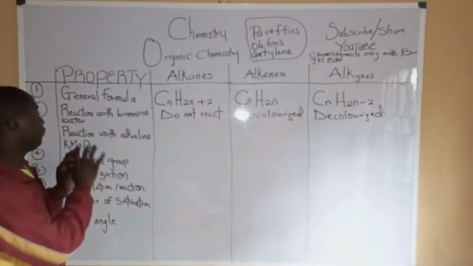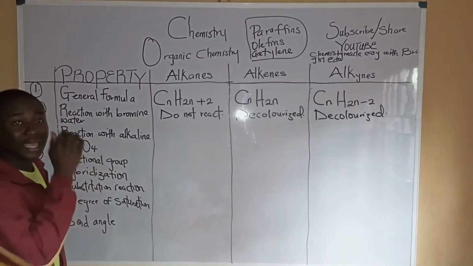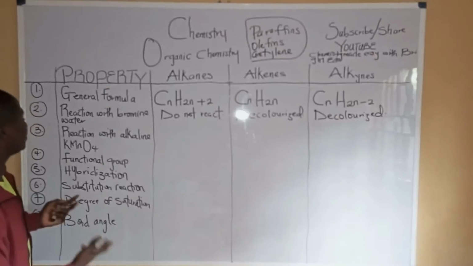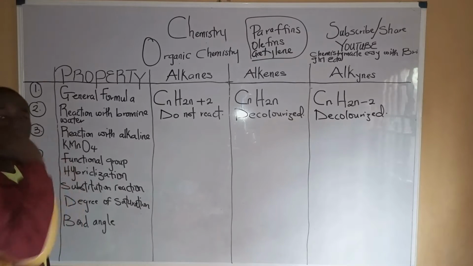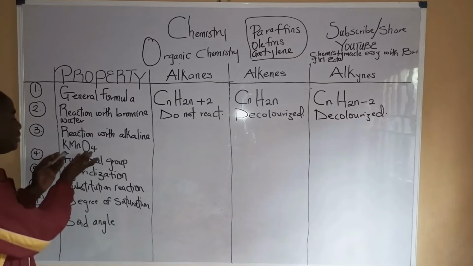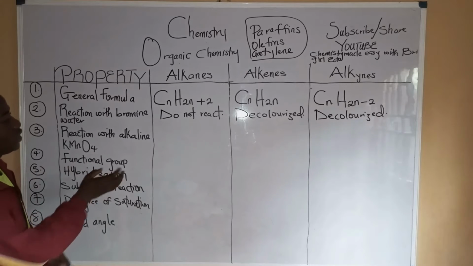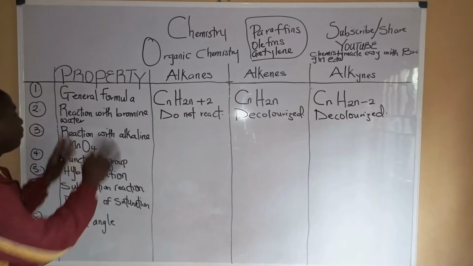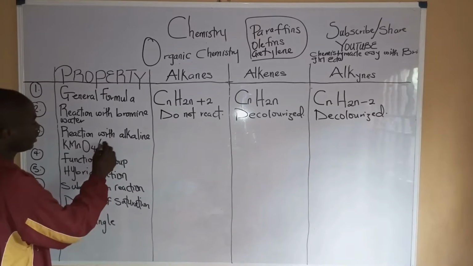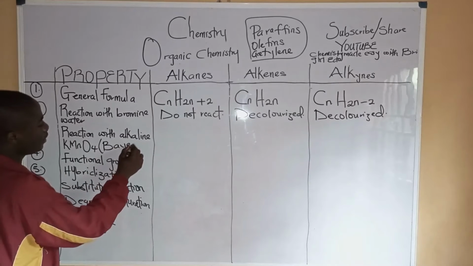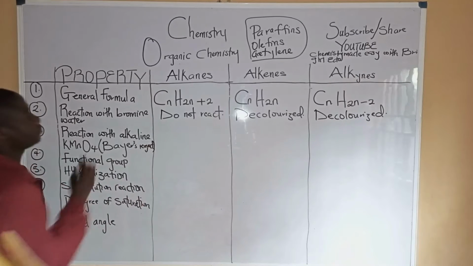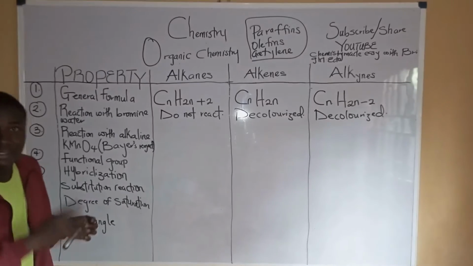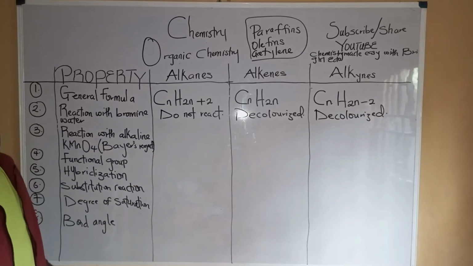Now let's talk about reaction with alkaline KMnO4, which is basically potassium tetraoxomanganate(VII). This is called Bayer's reagent. Alkanes do not react with Bayer's reagent.